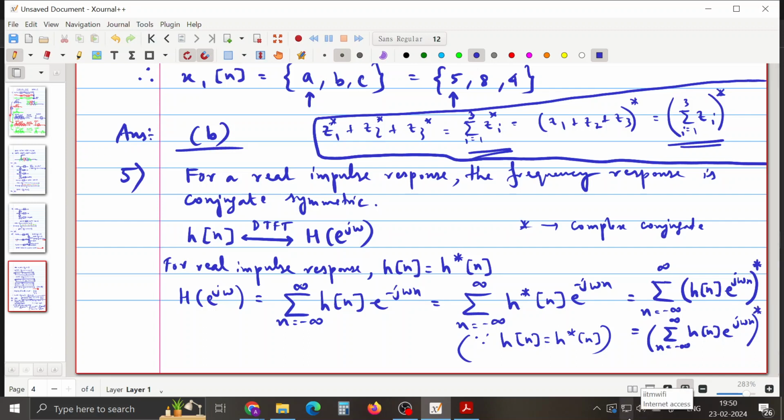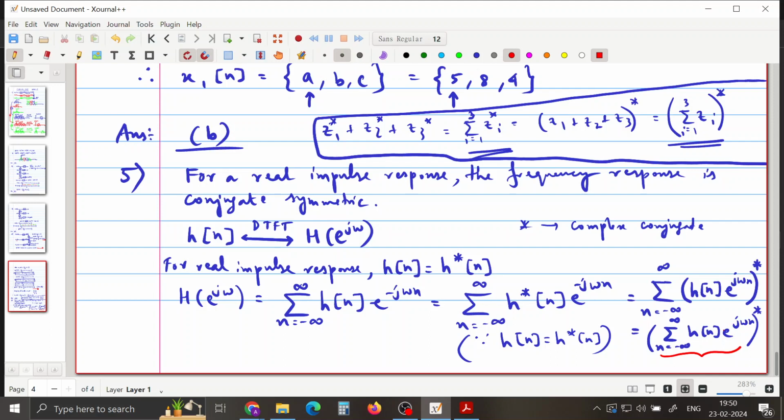Now, what is this term sitting inside? This is summation n running from minus infinity to infinity, h of n e power j omega n.